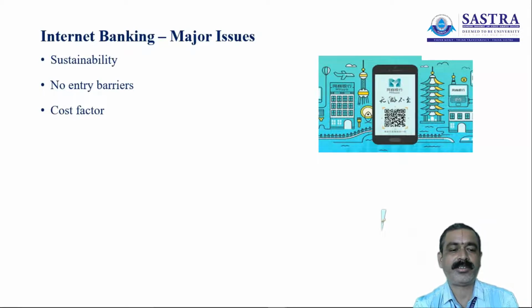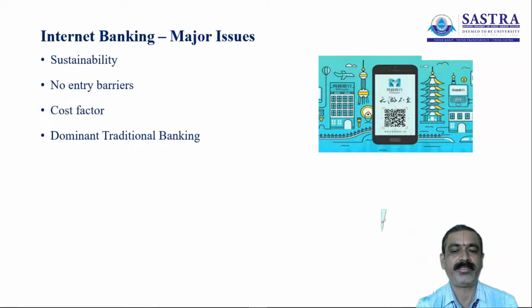The next is dominant traditional banking. The development of internet banking allows for the efficient delivery of a wide variety of web-based banking products. It simply adds to the proliferation of technology-based delivery channels such as ATMs, which we are now using, phone banking, online banking, etc. However, the customers by and large support the traditional branch banking system.